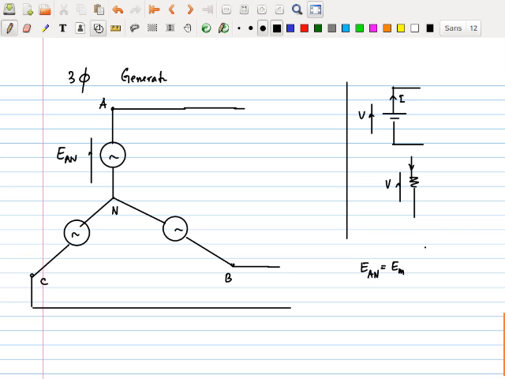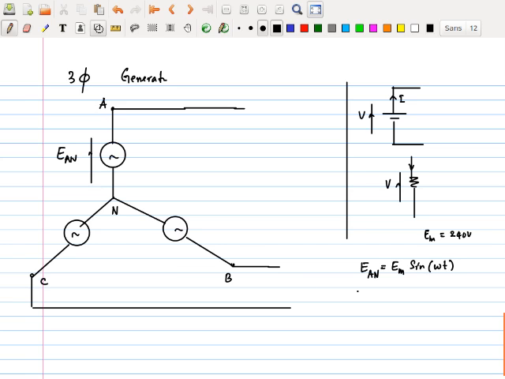If you look at the signals that come out of your AC outlet, how much is it? 230, 240? That's EM. EM is about 240. So EM would be around 240 volts. And we wrote it as EM sine of omega t. We took that as the reference.